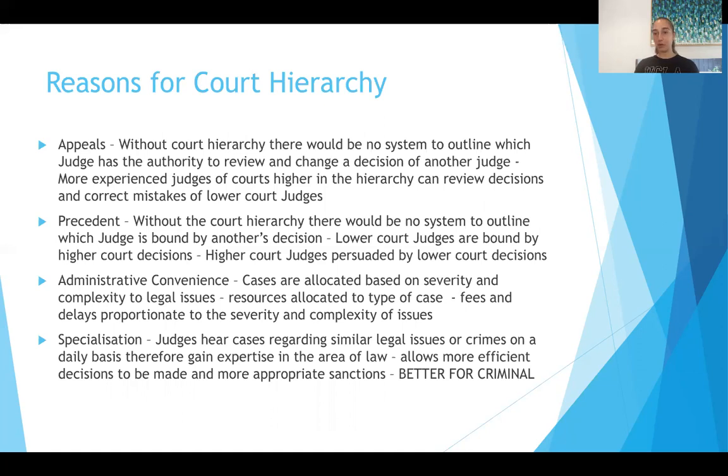And finally, judges have specialisation over specific areas of law because they hear similar types of cases on a daily basis. And that allows for judges to make more efficient decisions and more appropriate decisions about the remedies being handed down.